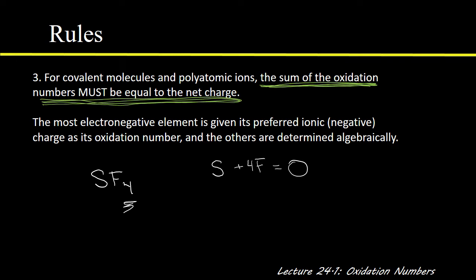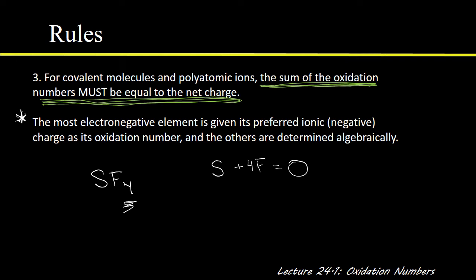Okay. So now we've got 2 unknowns, the sulfur and the fluorine. We don't know the oxidation numbers on either of those. So now we go down to this second rule here. And the second rule is whichever element is most electronegative, it gets its preferred anionic charge. Okay. So if you look at the periodic table, you see fluorine is furthest to the top right.